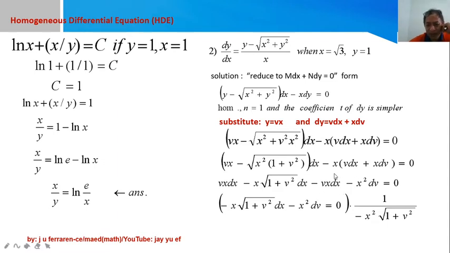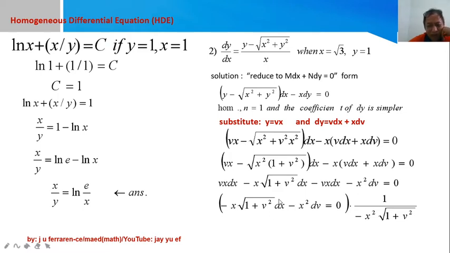So minus x squared dv. And again, I notice that my first and third terms are opposite, so these can be eliminated. We also notice that the terms left are x times the square root of 1 plus v squared, minus x squared.